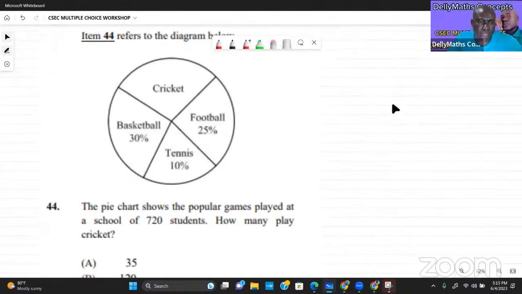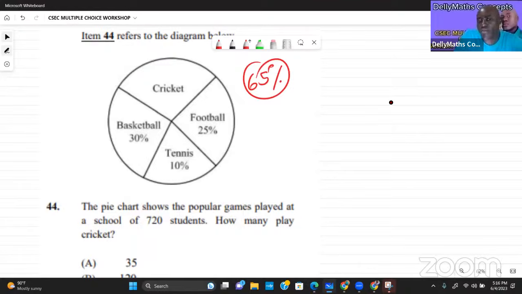All right, so for this one, the question says here, the picture chart shows the popular games played at a school of 720 students. How many played cricket? All right, so they gave you a percentage. So what's the missing percentage here? We want to add up these percentages, take it from 100. So 30 and 10, 40. When we add what we have there, we get 65. So if we take this from 100, we have 35 for cricket.